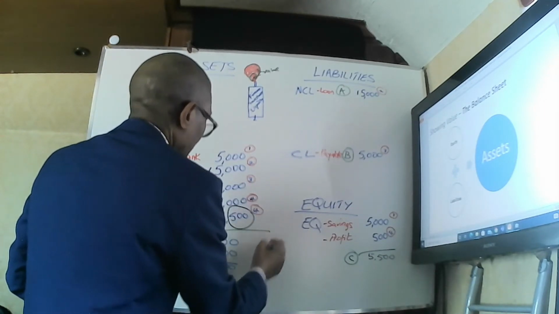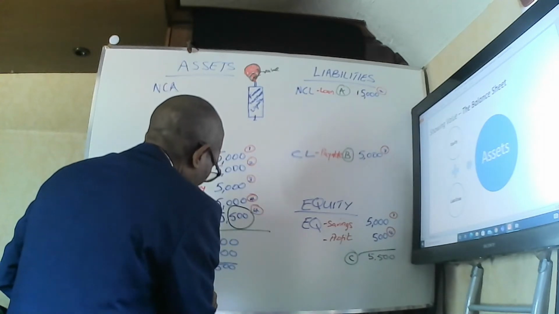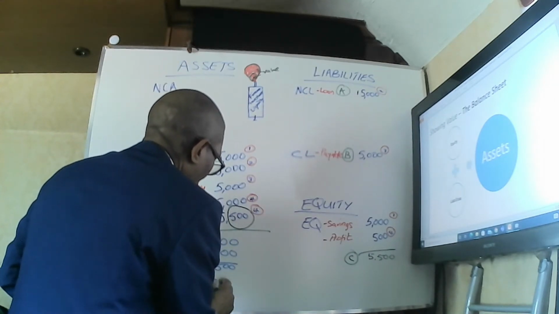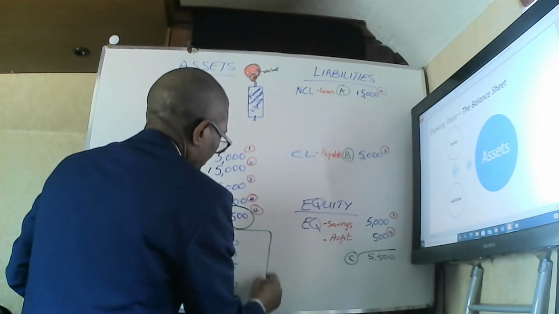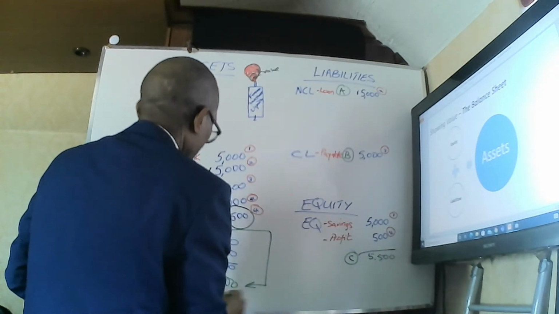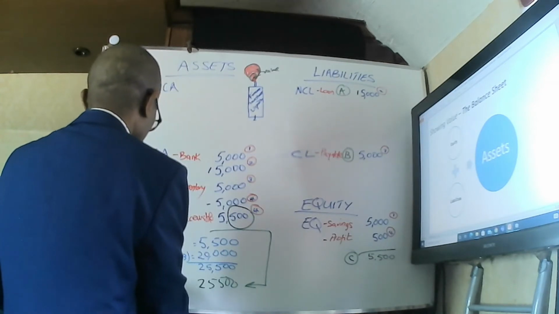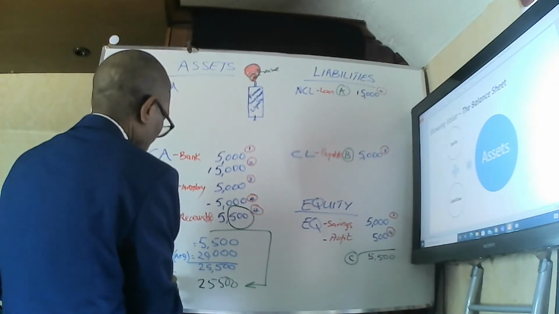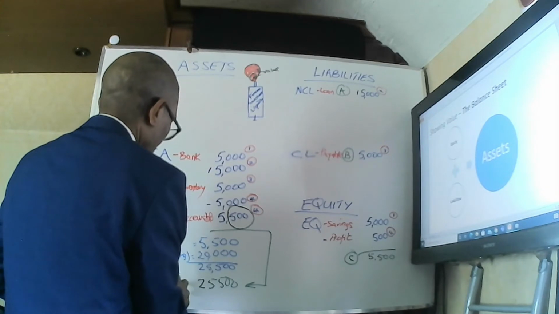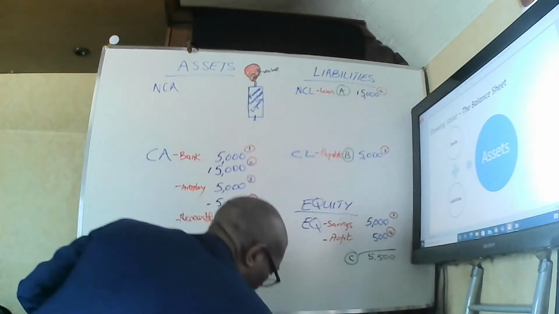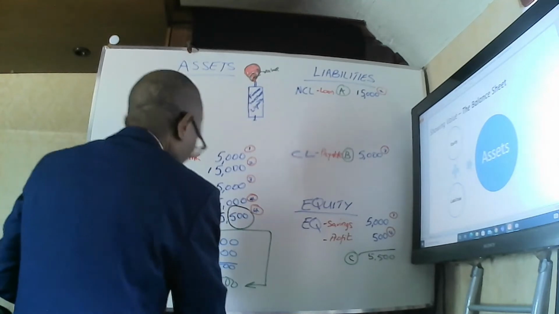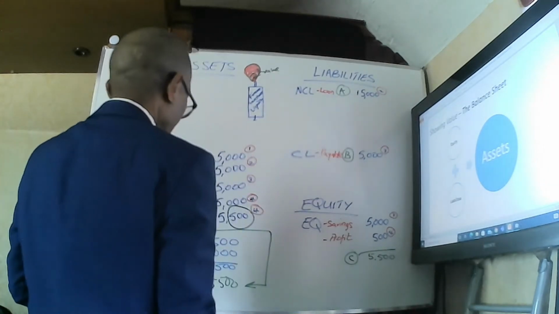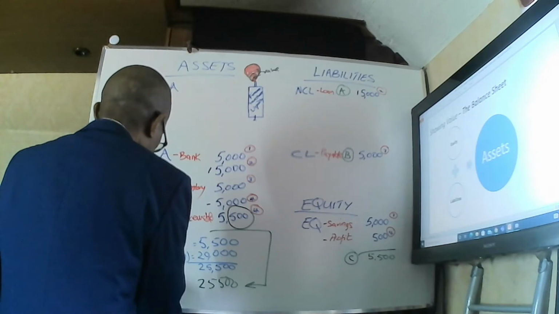So all my assets are still 25,500. Assets.